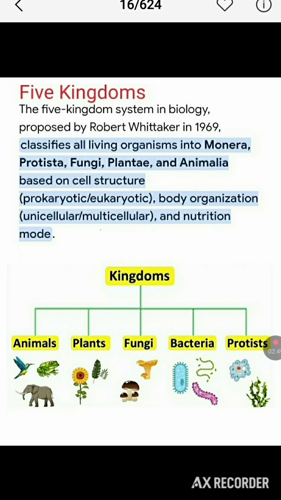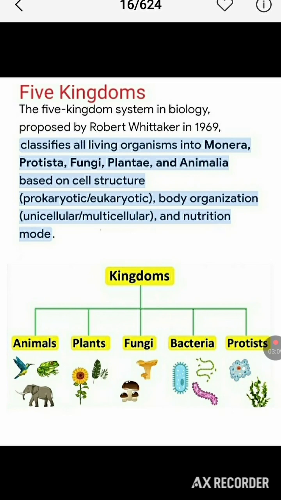In different time periods, different scientists have proposed different kingdom systems to categorize the groups of living organisms.